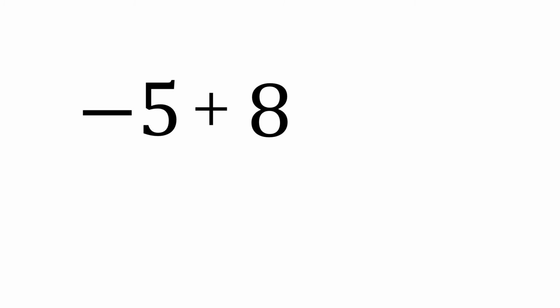So our second example a while ago was negative 5 plus positive 8. So we have two different signs, a negative and a positive. So the rule for different signs is to subtract the numbers. We don't mind the signs, but just simply subtract the numbers. We have 8 minus 5. So just subtract the bigger by the smaller number, which is equal to 3.